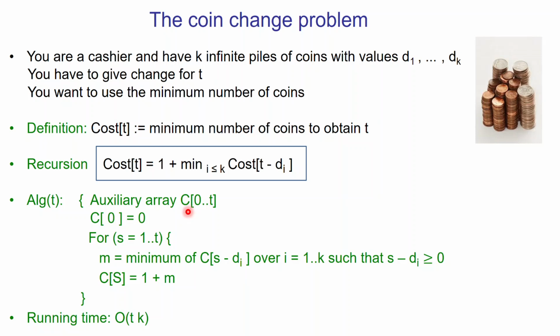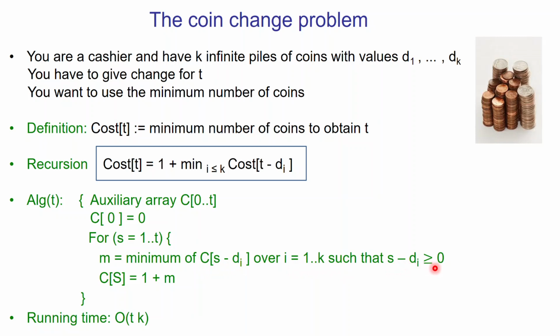Then we are simply going to fill the array from the smallest value to give change for until t. So we have this index s that goes from 1 to t. For every value of s, we let m be the minimum of C of s minus di, for every i such that s minus di is at least 0.